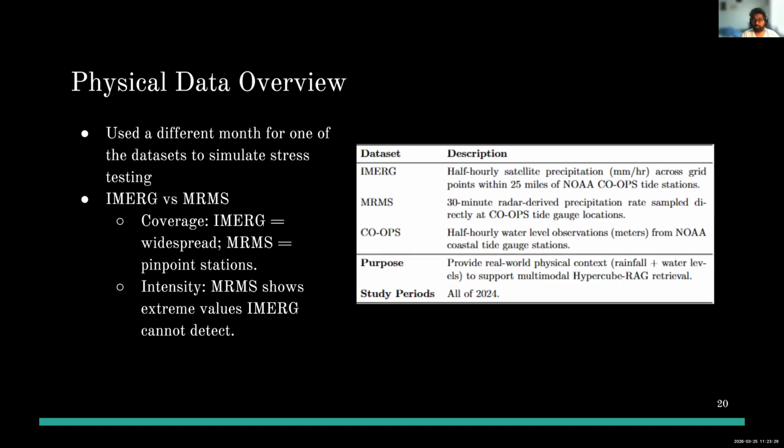For me, yes, this was the first time that I've worked with these government sources, specifically the satellite data. I've worked with just basic, like the CO-OPS was fairly straightforward to get the tidal data and the stations.